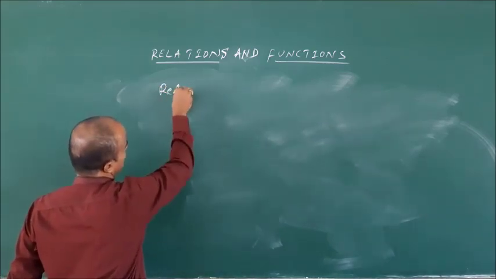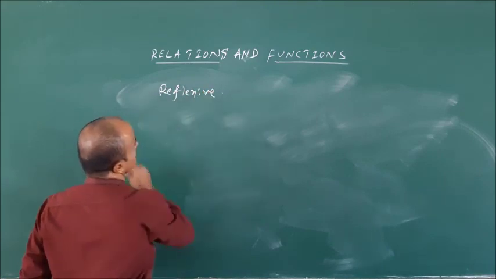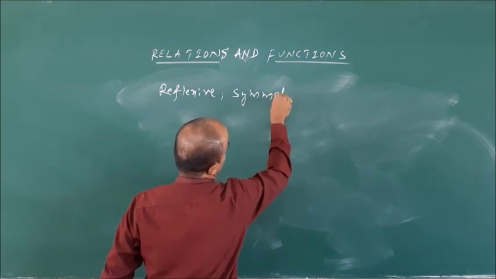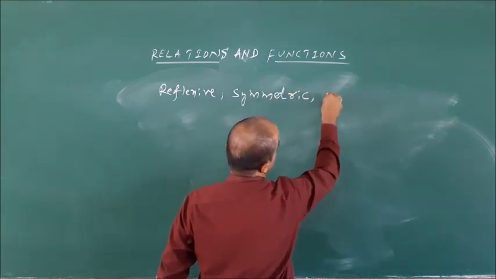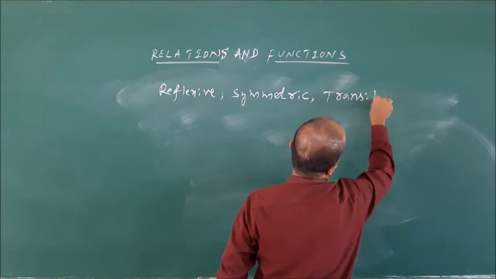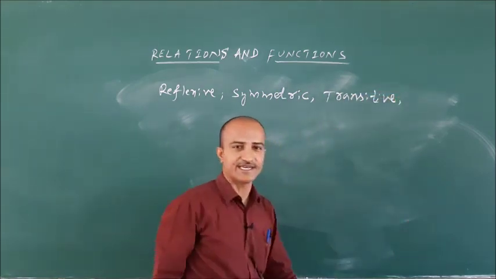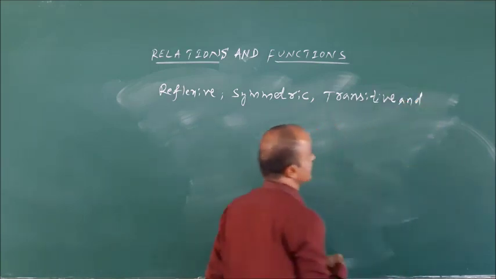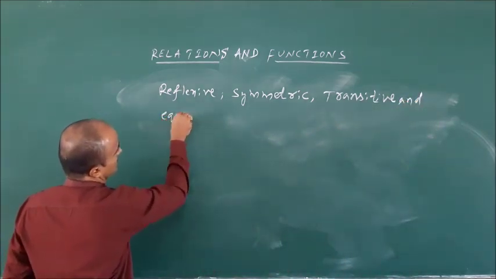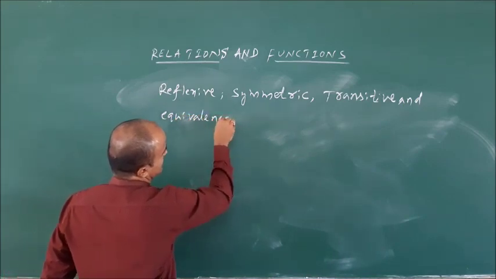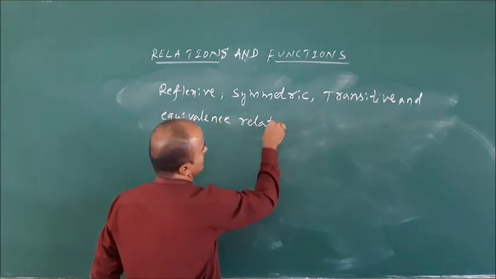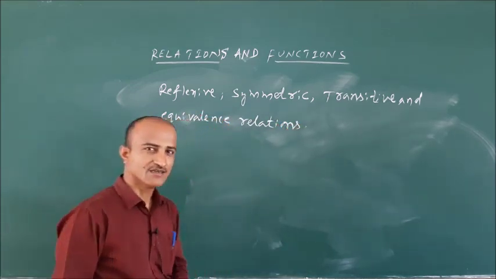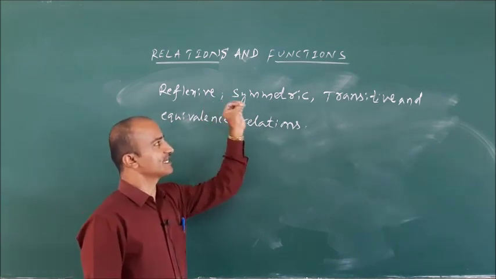Relations like reflexive, relations like symmetric, relations like transitive, antisymmetric, and equivalence relations are some important types of relation. Now we shall define these relations one by one.